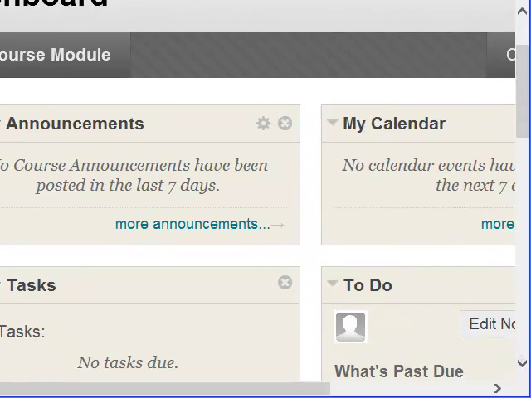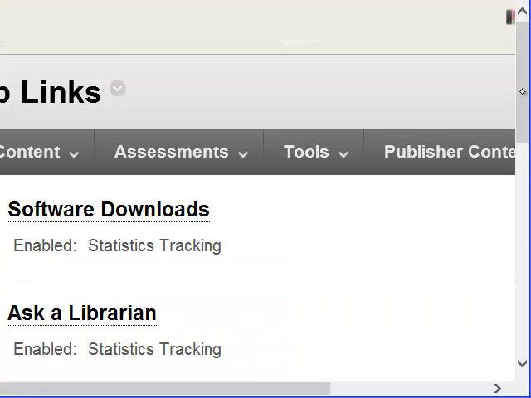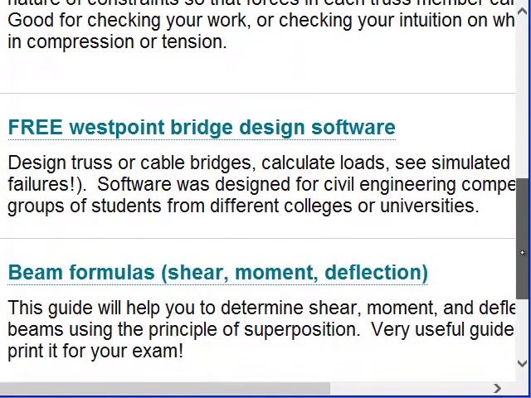It is in here. So web links. Beam formulas.